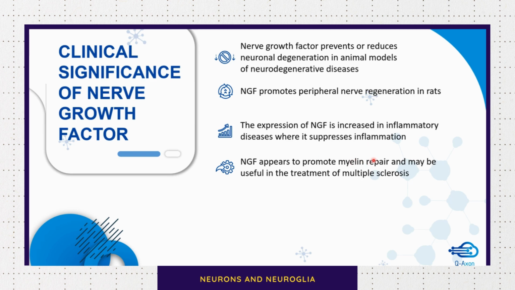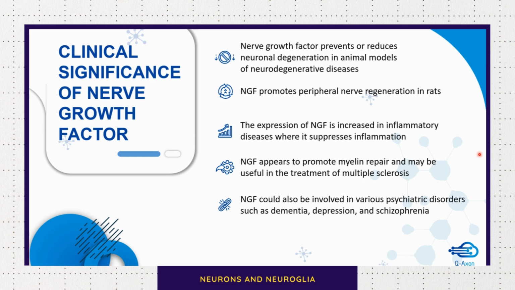NGF also promotes myelin repair and therefore may be of value in the treatment of demyelinating diseases such as multiple sclerosis. NGF has been linked to various psychiatric disorders such as dementia, depression, and schizophrenia. Research has also suggested a possible link between dysregulation of NGF and Alzheimer's disease.